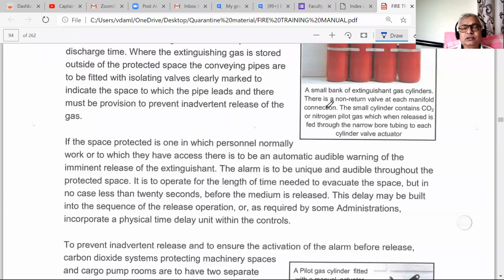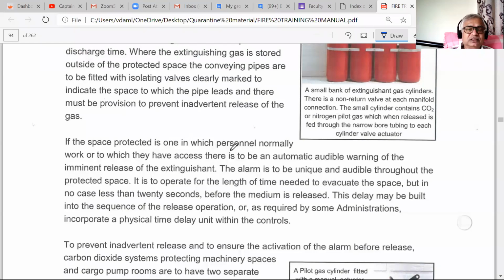Next, there are rules and regulations on how the piping should be, what sort of arrangement should be there on piping, how you start discharging these cylinders, and where you keep these cylinders. Are they exposed to accommodation? Like that, there are many rules which we have already studied under FSS and also under SOLAS. So now we are just revising it.